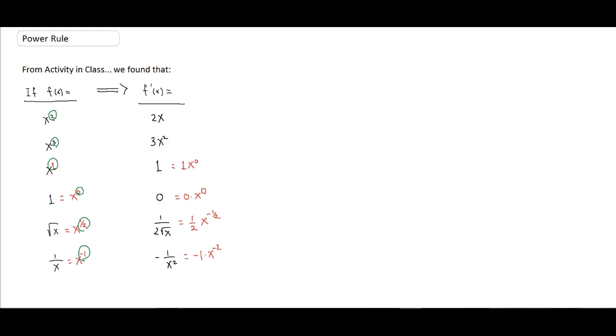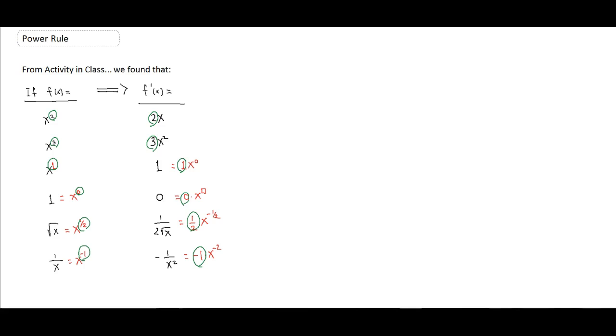And I think it's definitely clear that the original x squared, that power 2, now appears as the coefficient on that x. And same thing for x to the third. Now the 3 appears as the coefficient. And it's the same thing with every single one of those exponents that the function had originally.